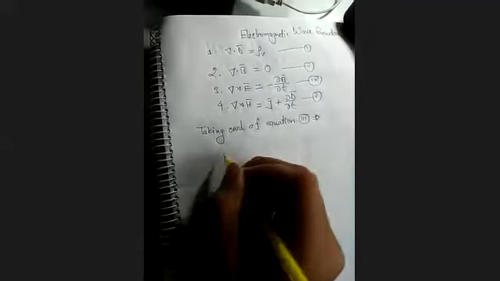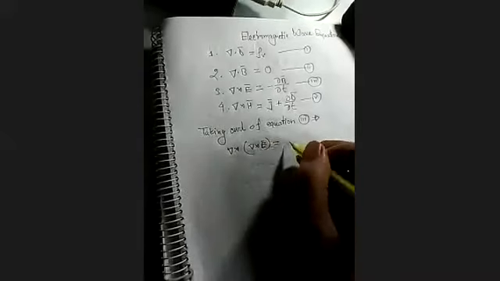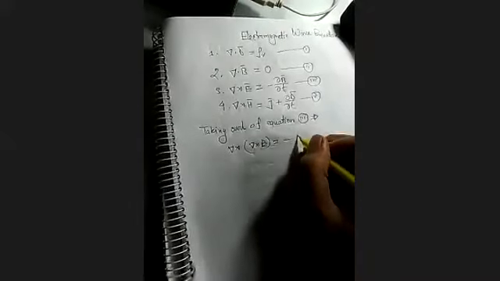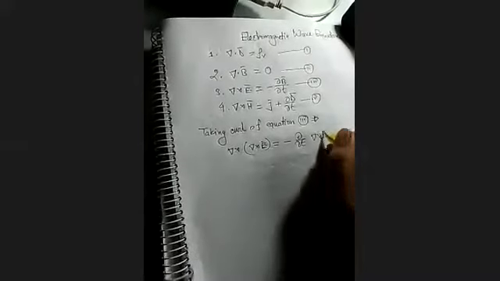If I consider taking the curl of equation 3, which implies curl means del cross E. In the right side, it will be minus del by del t del cross B.